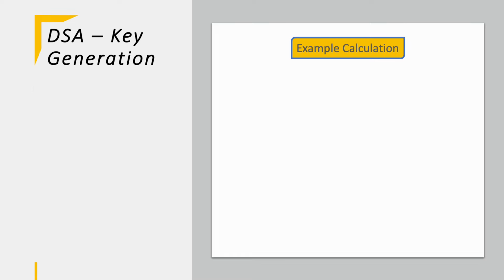The first step is the key generation phase, the first operation in DSA. In order to generate the keys, we need to choose an approved hash function, H, and such an approved hash function would be, for example, SHA-2.